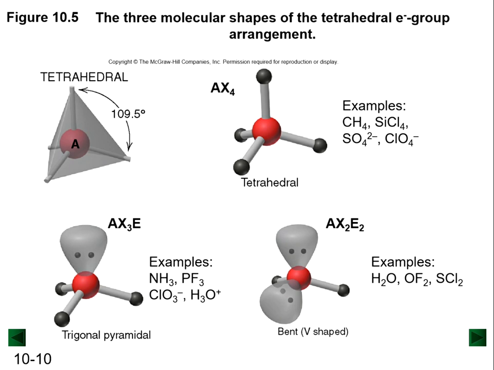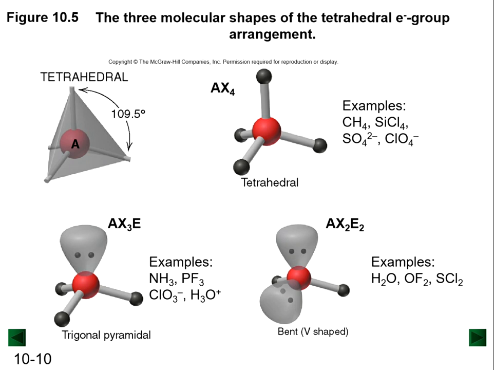So the tetrahedral electron group can give rise to a tetrahedral molecule, and that occurs when all 4 of the electron groups involve a chemical bond. Examples of this are methane, CH4, that's an alkane that we looked at much earlier in the semester, silicon tetrafluoride, and the polyatomic ions sulfate and perchlorate.